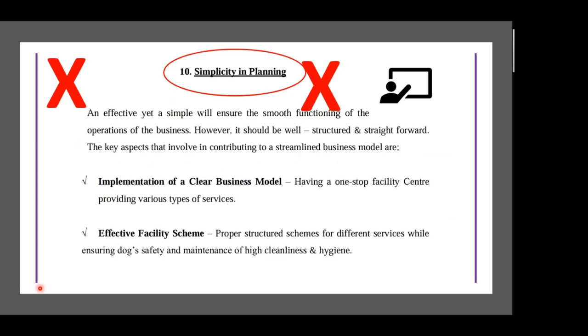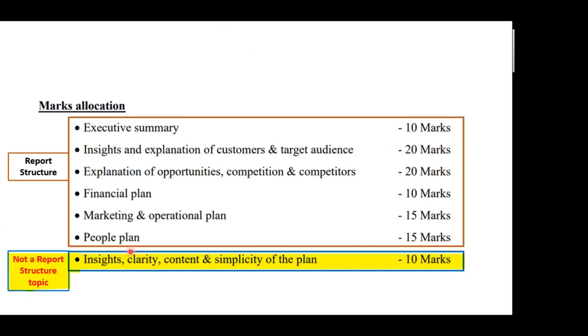And see, in certain reports, we see certain students, simplicity in planning is also taken as a topic, right? So I told you earlier as well, the simplicity, clarity, this mark is allocated for the final touch, your final appearance. So for the glory of your report, we have allocated these 10 marks.